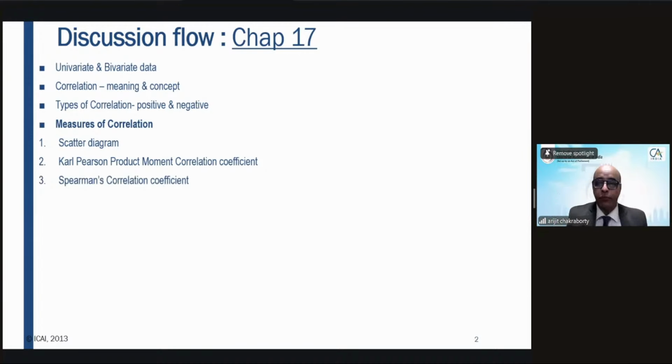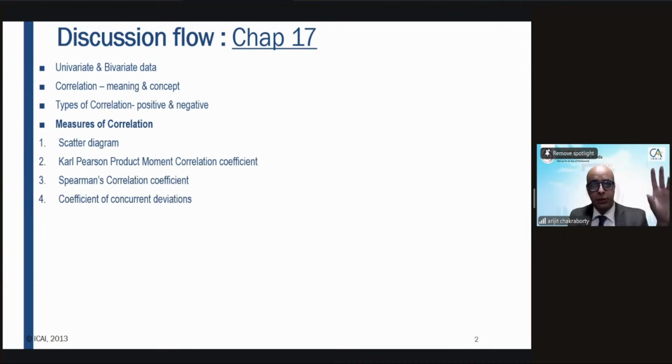Then yes, we will look at the Spearman's rank correlation coefficient. I mean, how do we calculate step by step the product moment correlation coefficient as well as the Spearman's rank coefficient, we will cover.